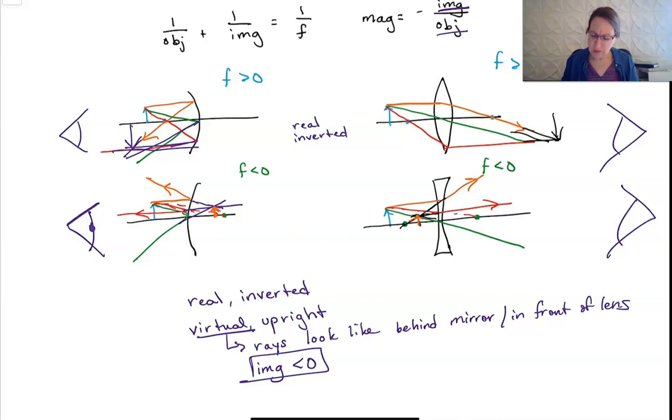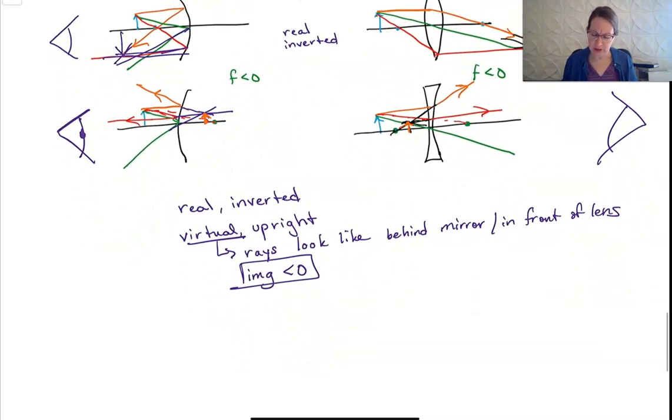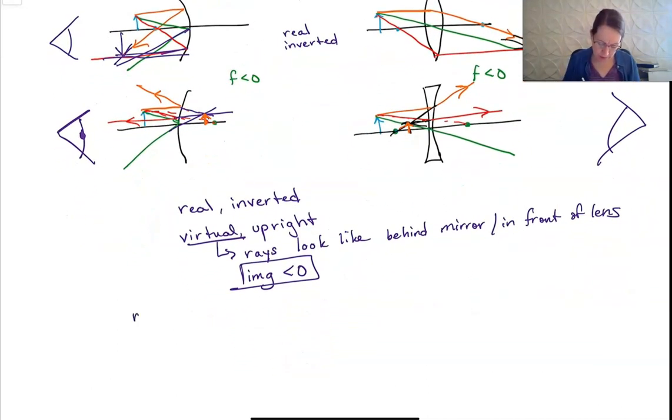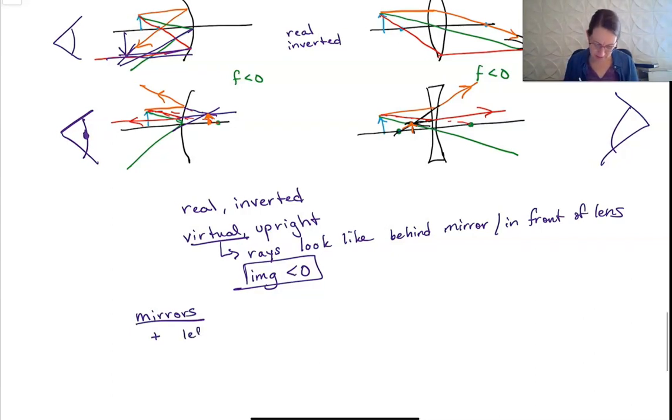So, in terms of a sign convention then, with mirrors, we have a positive sign when we're on sort of the correct side of the mirror. We'll say the left side of the mirror, if we work from right to left. And we get a negative if we're behind the mirror on the right side.